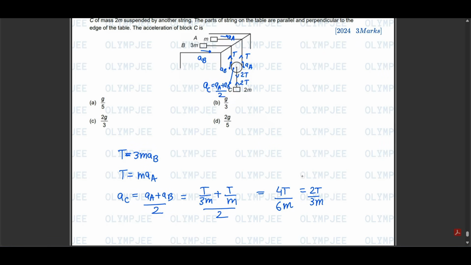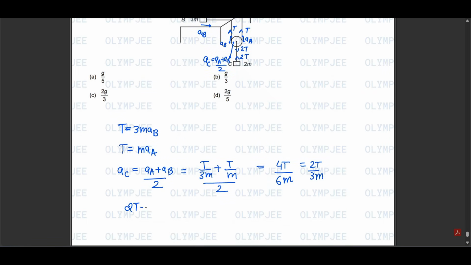So this is the acceleration, and now we will write the equation in y direction for the 2m block. We had assumed that this acceleration is in downward direction, so we should write 2mg first, because 2mg is also in the direction of acceleration. So 2mg minus 2T is equal to 2m AC, which is equal to 2m multiplied by 2T by 3m.